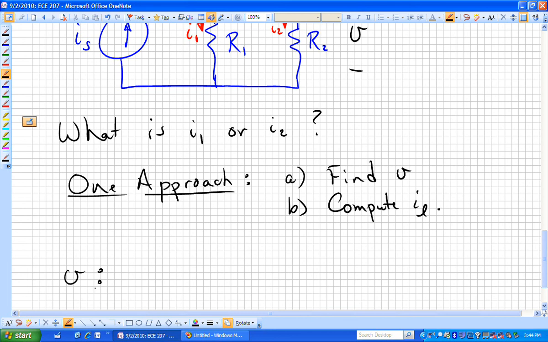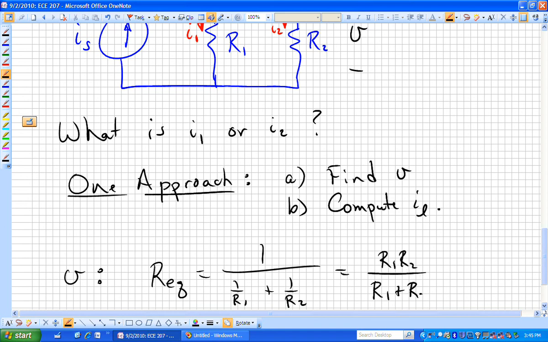And the equivalent resistor is the inverse of the sum of their reciprocals, or maybe you've now learned or remembered that it's the product over the sum, which you can find by performing some algebraic steps on the first formula.